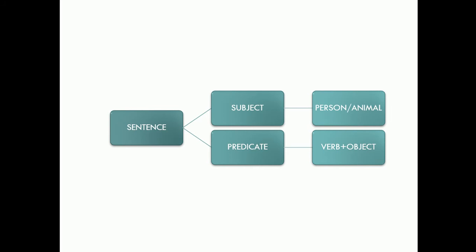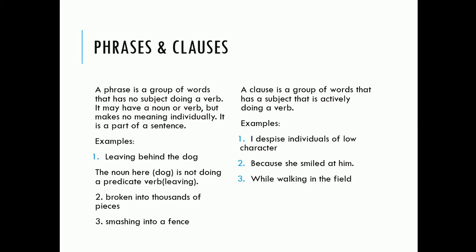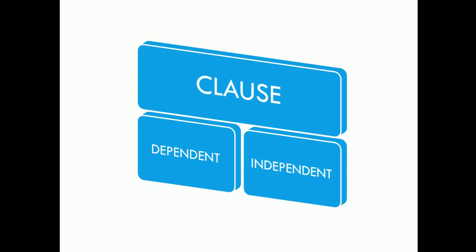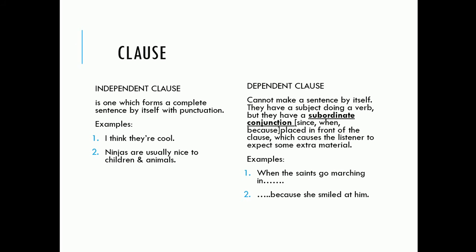We had also looked at the difference between a phrase and a clause. Next, we had seen the classification of clauses into being dependent and independent. We had studied that an independent clause is a complete sentence by itself, whereas a dependent clause is an incomplete sentence.